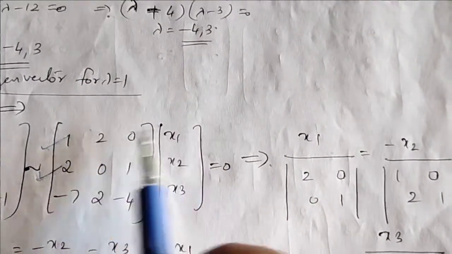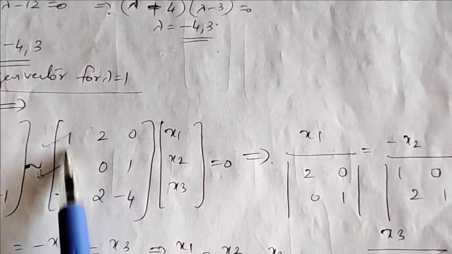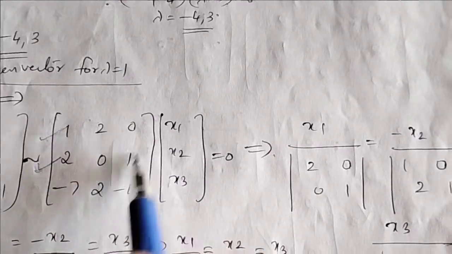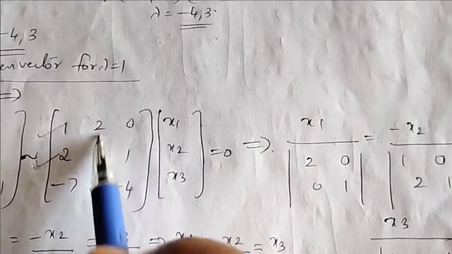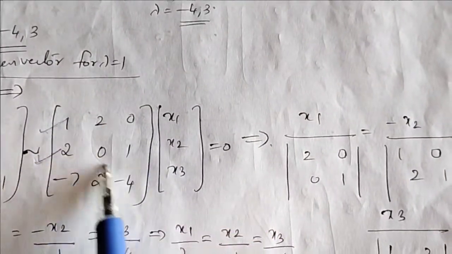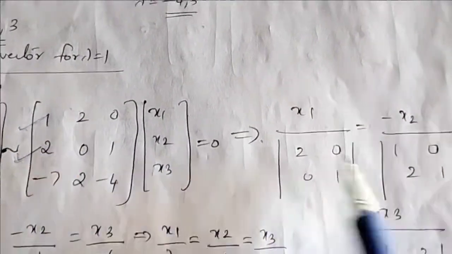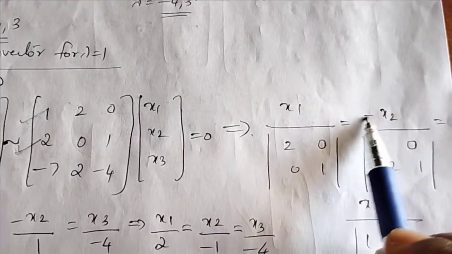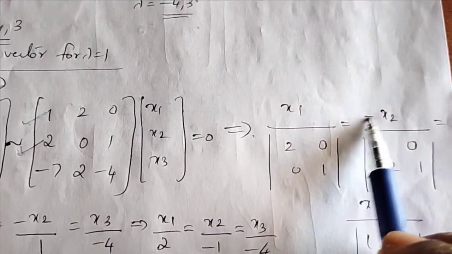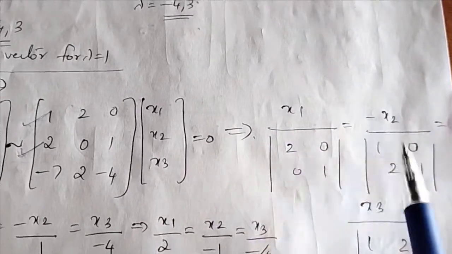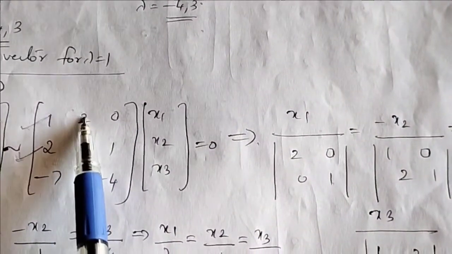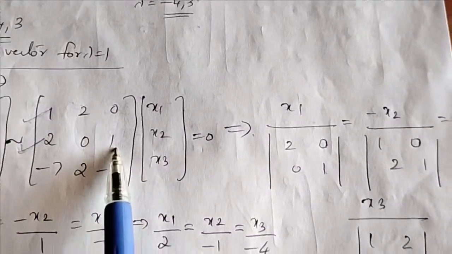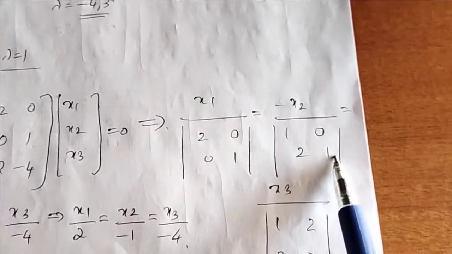Then x1 by the determinant of the remaining two columns. Second and third columns: x1 by this matrix determinant 2, 0, 0, 1. Then minus x2, that is the cofactor sign, minus x2 by the second column deleted, so 1, 0, 2, 1, first and last.